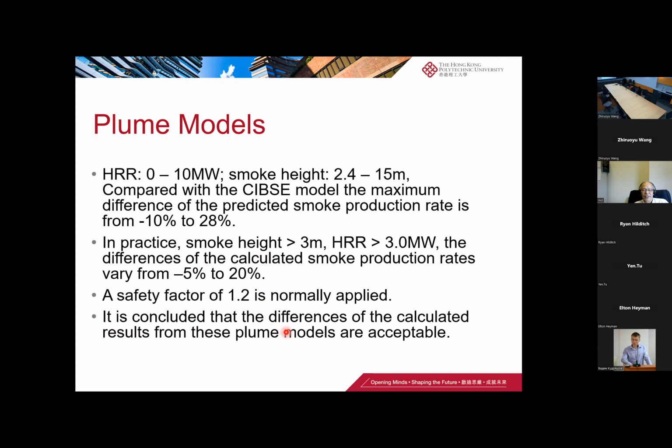So if we consider this difference with the safety factor, we may conclude all four of these models are applicable to estimate the smoke production rate for specification of the smoke extraction fan.